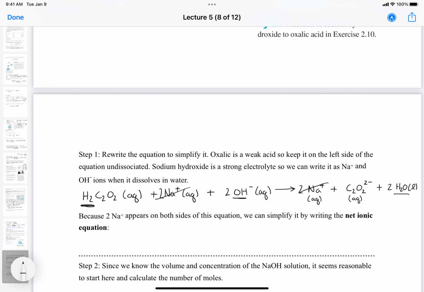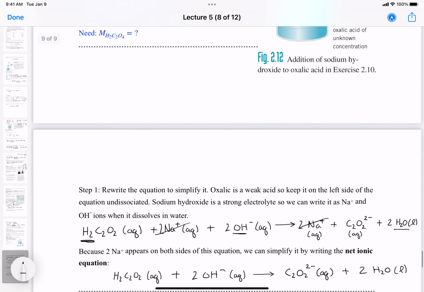So now we can simplify this to H2C2O2 aqueous plus 2OH minus, so 2 hydroxide ions, to give us oxalate, C2O2 2 minus, plus 2 water molecules. And we look at our chemical equation, that is correct.